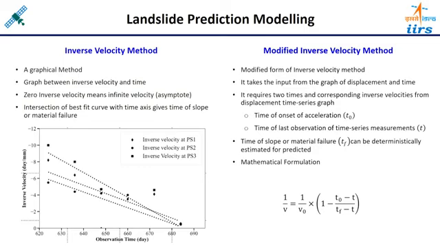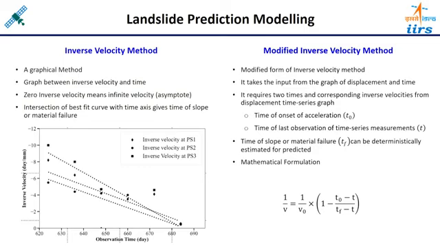Suppose on the y-axis we take the inverse velocity, and on the other axis time. Now if we correlate with the landslide situation, what will happen? Initially the inverse velocity is high, and when the landslide is happening, the inverse velocity will go downwards like this, because the velocity is increasing very rapidly, which means the inverse velocity will go downwards.